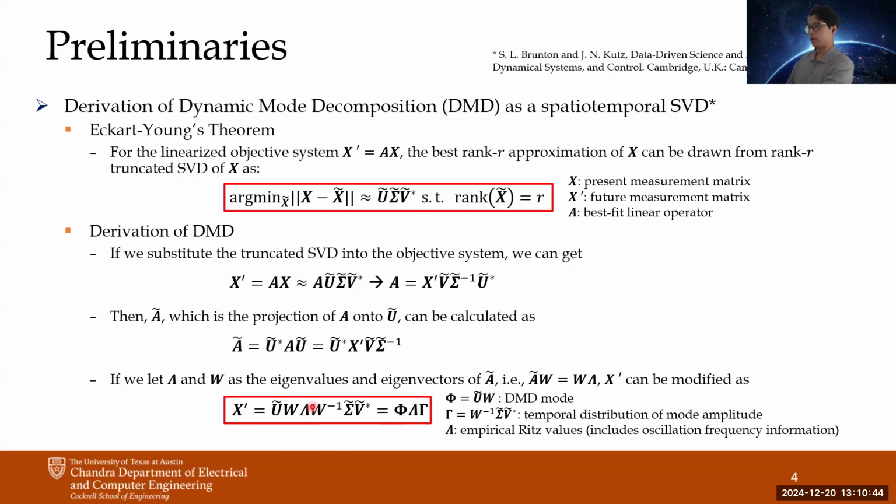The first part is the lambda matrix, which contains the eigenvalues. And these values indicate the oscillation frequencies and the oscillation damping information. The former part of lambda is called the pi matrix, and the latter part is called the gamma matrix. And pi and gamma matrices represent the spatial and temporal distribution of the oscillatory energy, respectively.